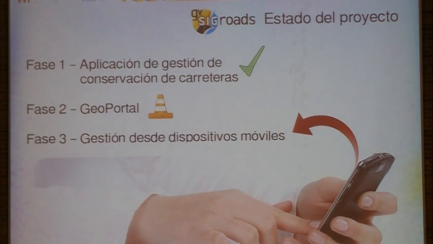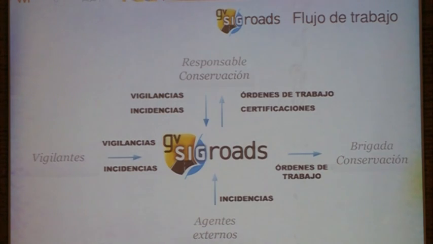This phase, as I said, runs parallel to phase 2. We're now collecting data, and once data are validated, we will move on to project appraisal and all the corresponding steps. Let me now focus on the tool and the workflows of gvSIG Roads.